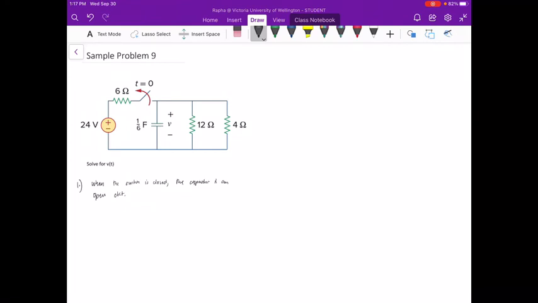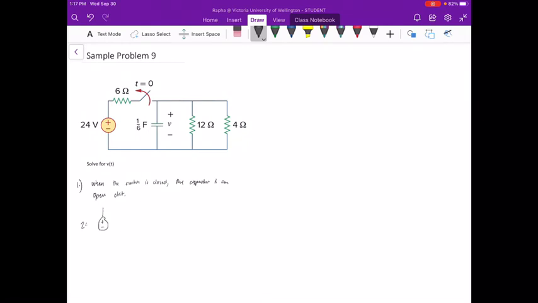I need you to remember, guys, that in the previous lesson, lesson 6, we learned that under DC conditions the capacitor is an open circuit. This lesson builds up on that concept. Since the capacitor is an open circuit, we will just have to redraw the diagram in order to understand it better.